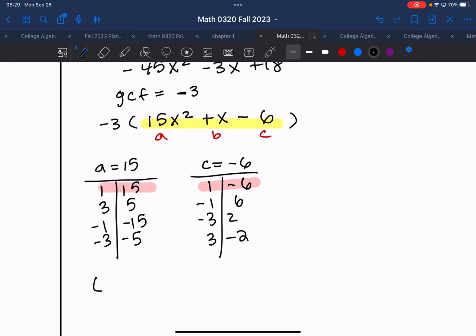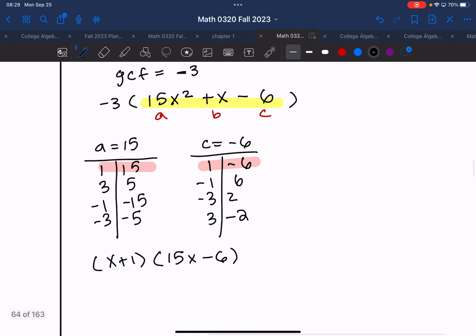So that gives us x plus 1 and 15x minus 6. Right? Because we give our A value to each of the parentheses and we give our C value to each of the parentheses. So if I FOIL this out, I get 15x squared minus 6x plus 15x minus 6.